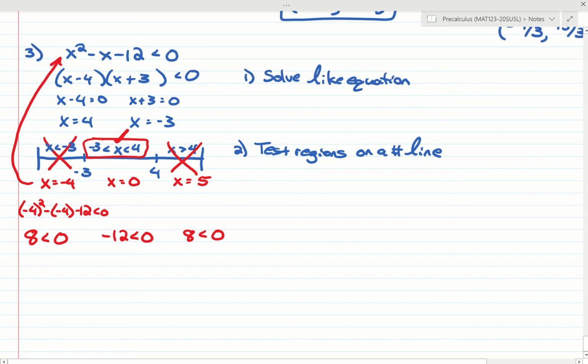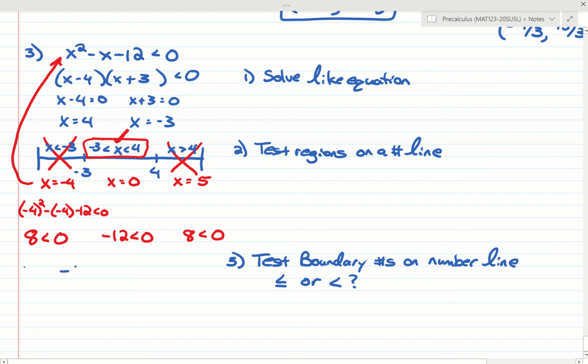So this brings us to our next step. We're going to test the boundary numbers on our number line. Pretty much what this means is we're looking to say, do you include them or do you not include them? So for step number 3, we know that the region that gives us answers is between -3 and 4.